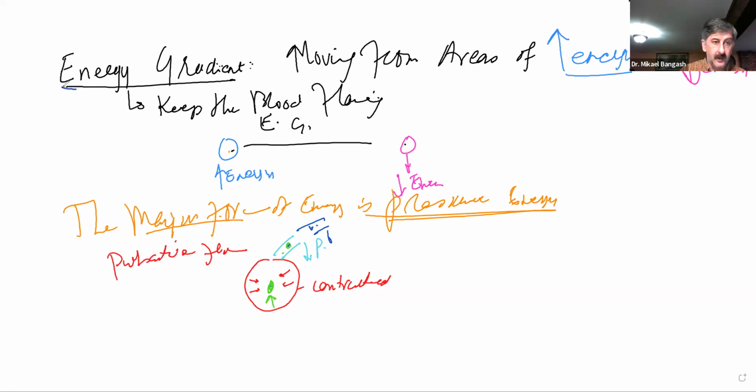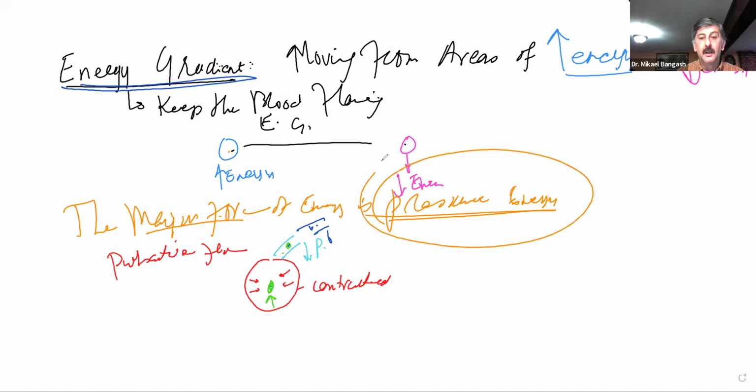Generally speaking, that motion of energy from areas of high energy concentration to areas of low energy concentration is what we call an energy gradient. Any questions about that? No. Okay. Pressure energy is not the only one, but the major form of energy that is going to ensure that movement of blood.